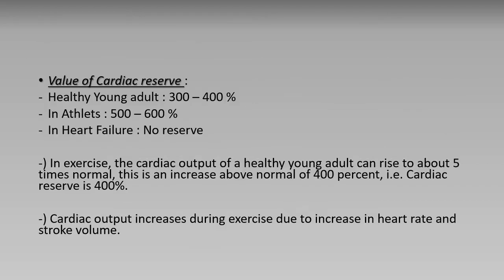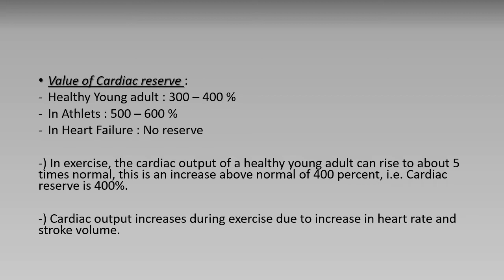Now, normal value of cardiac reserve. In a healthy young adult, it will be 300 to 400% of normal cardiac output. In athletes, it will be 500 to 600%. And in heart failure, there will be no cardiac reserve.